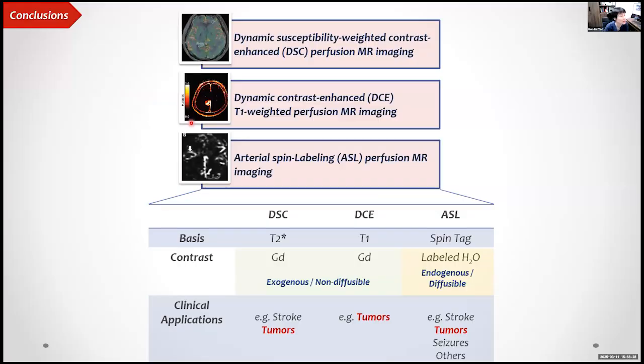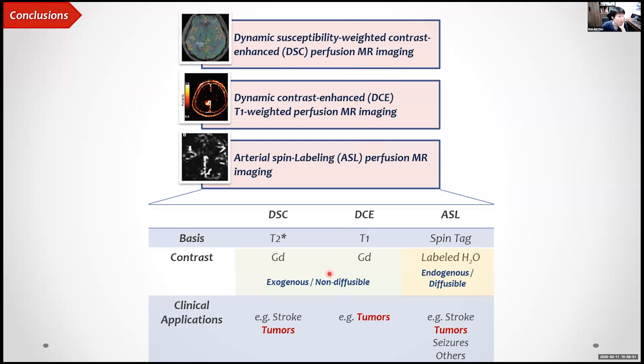So to conclude, I've just gone through very quickly the three most popular perfusion-weighted imaging techniques we use in CNS. The first one was dynamic susceptibility contrast, DSC, perfusion-weighted imaging, the second one was DCE, and the third is ASL, relatively newer as compared with the first one, DSC.